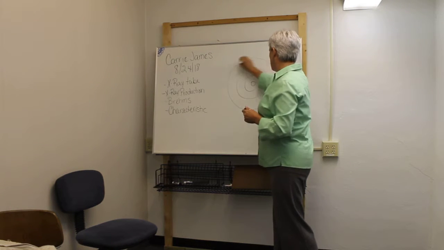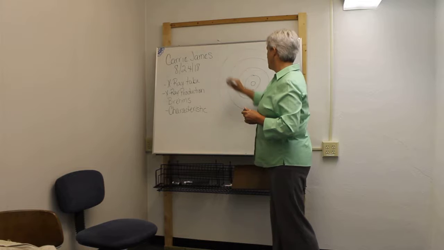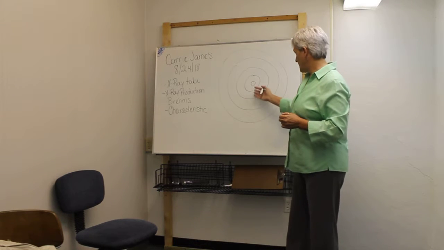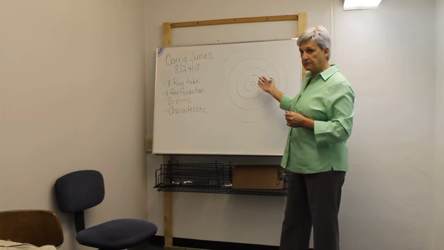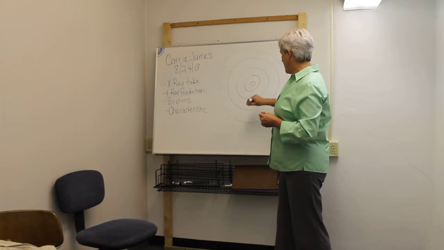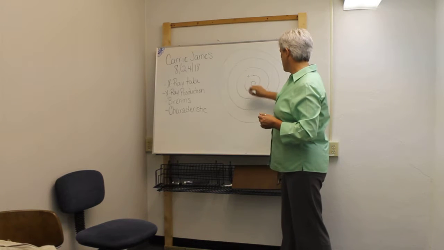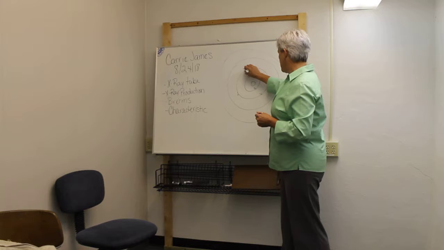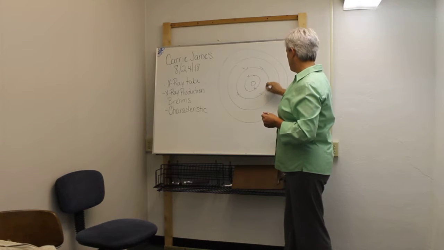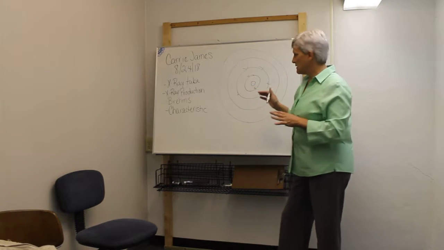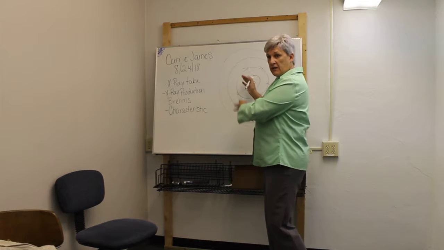I'm just going to draw a very simple atom. In the very center of this is the nucleus, right? And we have electrons in each of these. I'm not going to be really accurate with this. So we have electrons orbiting the nucleus.